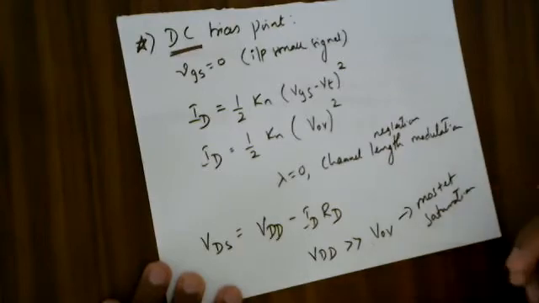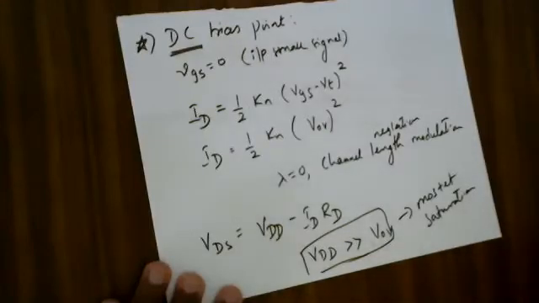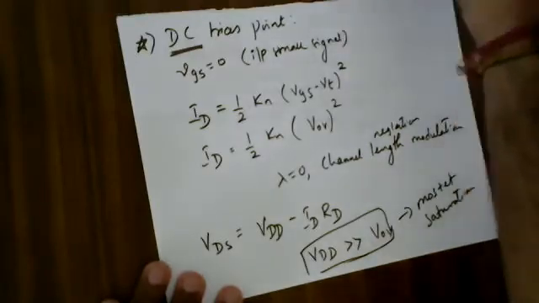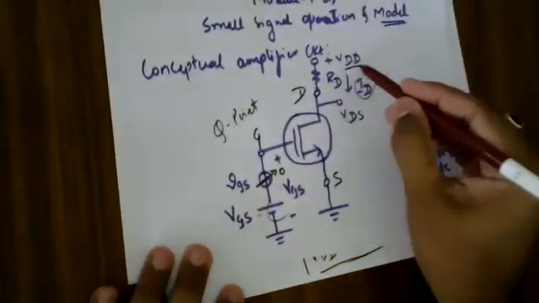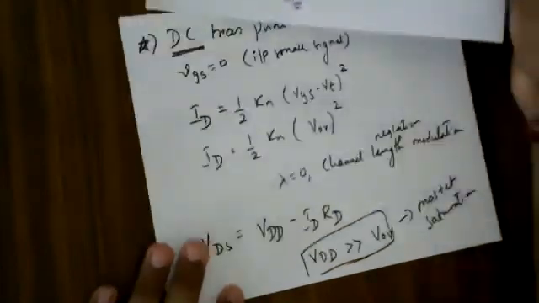I hope you're able to understand this. This is a condition that you have to satisfy when you're using your MOSFET to work like an amplifier. Your VDD has to be much greater than your VOV, the overdrive voltage.